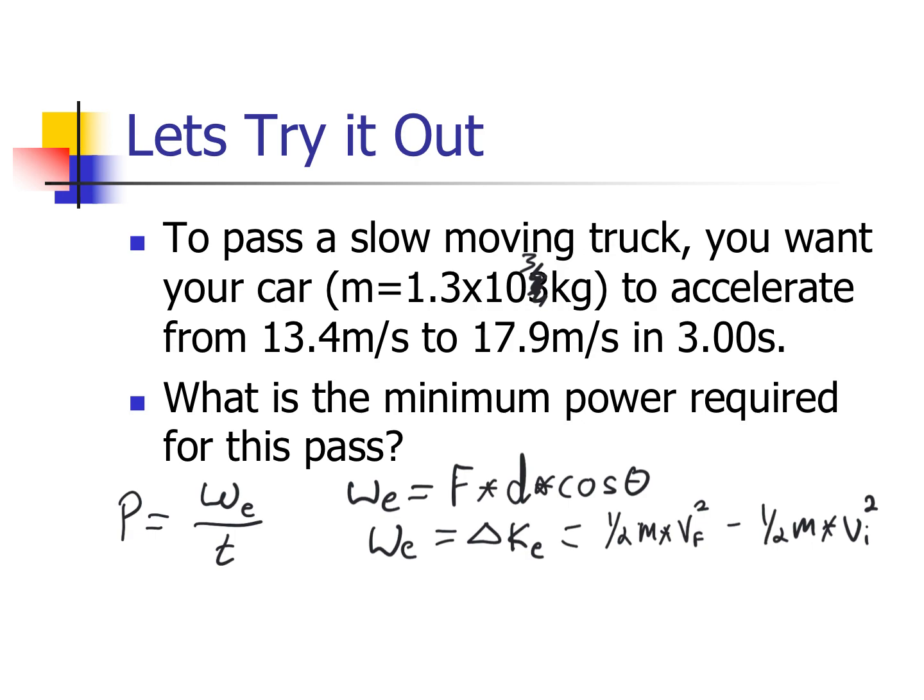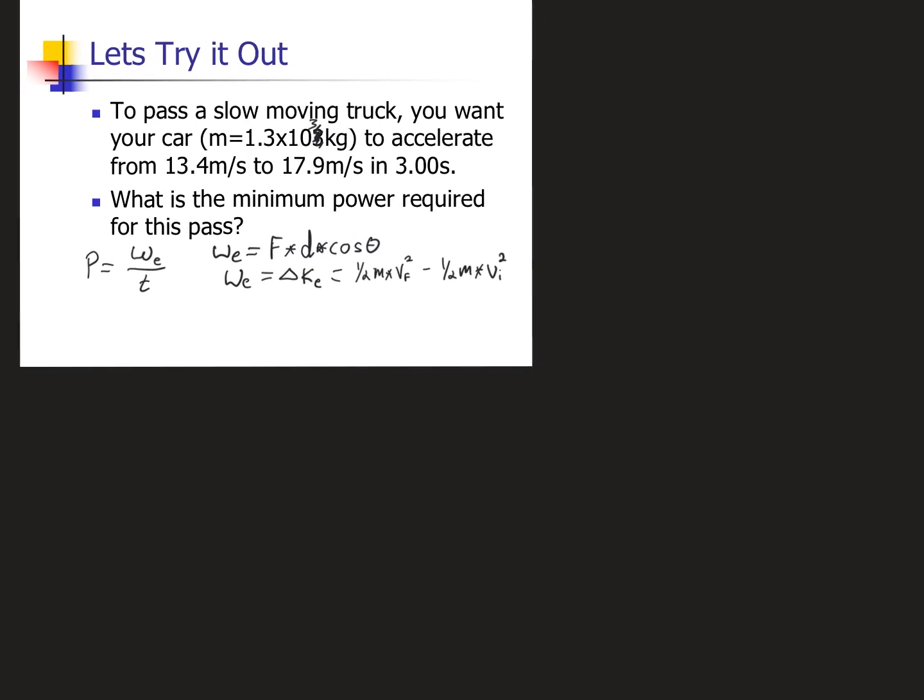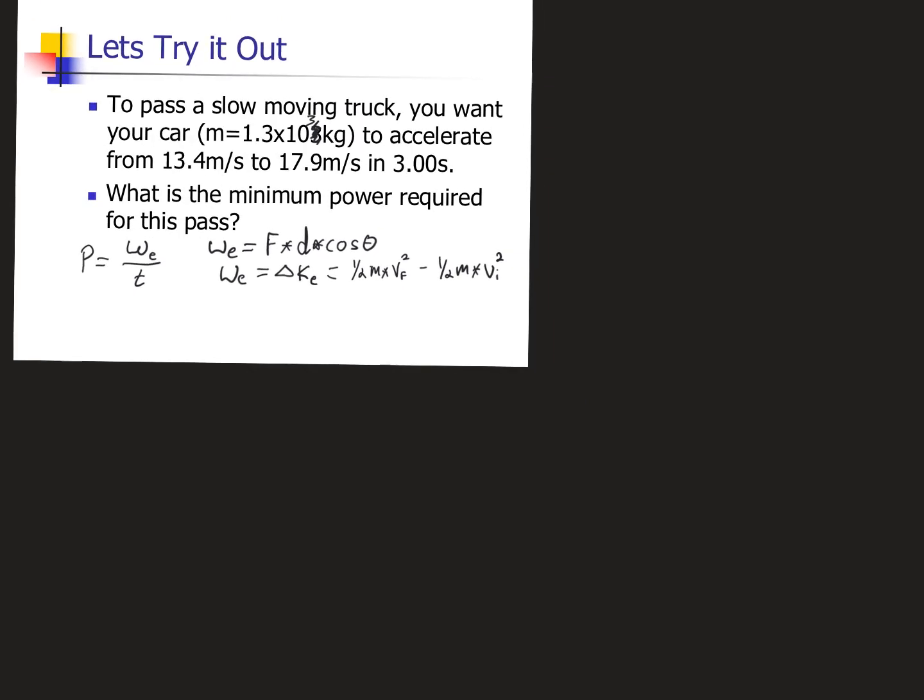So I'm going to resize this here. Let's go with the final, calculate the final kinetic energy. So that would be mass, so 1.3 times 10 to the third kilograms times the final velocity squared.